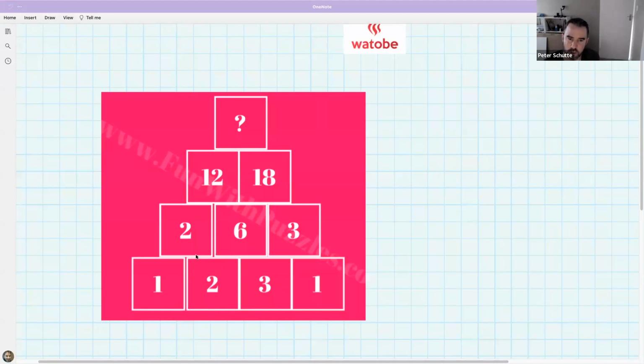What do you think the pattern is? So I was thinking 1 times, okay, 216. Okay, so the pattern is you multiply two things that are next to each other to get the thing above. So 2 times 6 is 12. 6 times 3 is 18. And so how would you get the answer for this one? You would times 12 by 18, and that would be your answer.